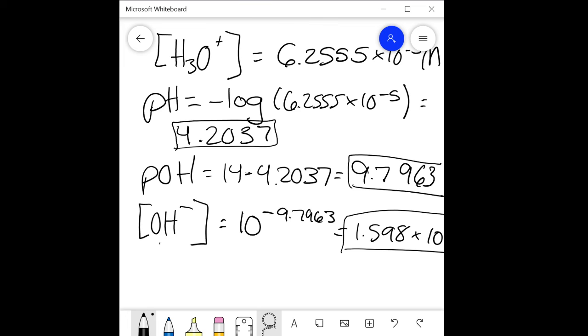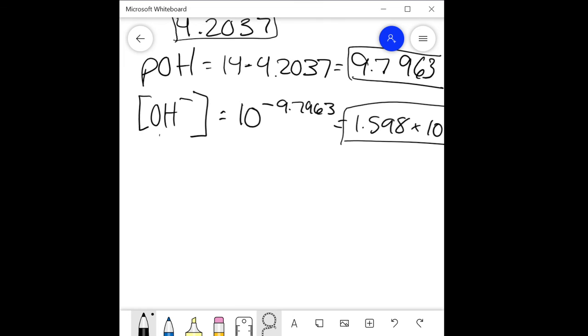Okay. And I think that is, oh, one more thing. So we're working with logs. The pH scale is logarithmic. So that means each jump is 10 times the one before.